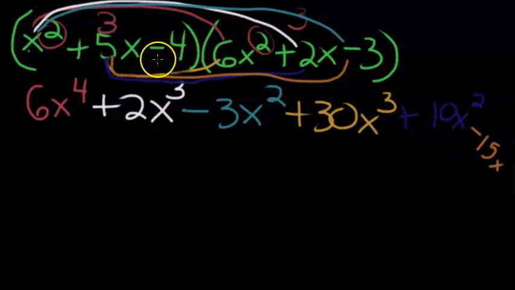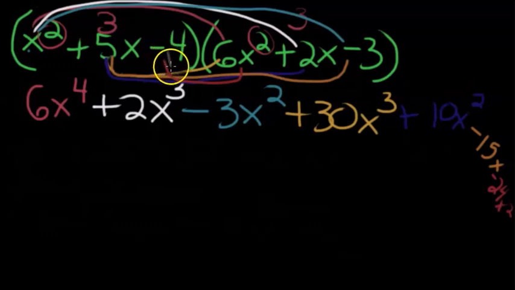Okay. Then lastly, we've got to do -4 to everything. So -4 times 6x squared, which gives us -24x squared.